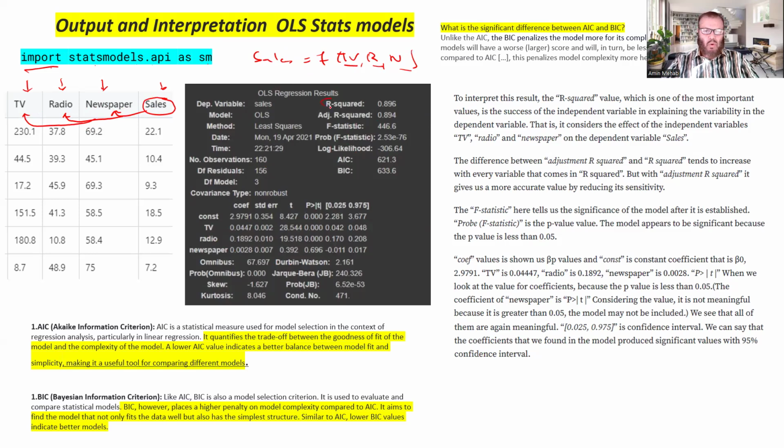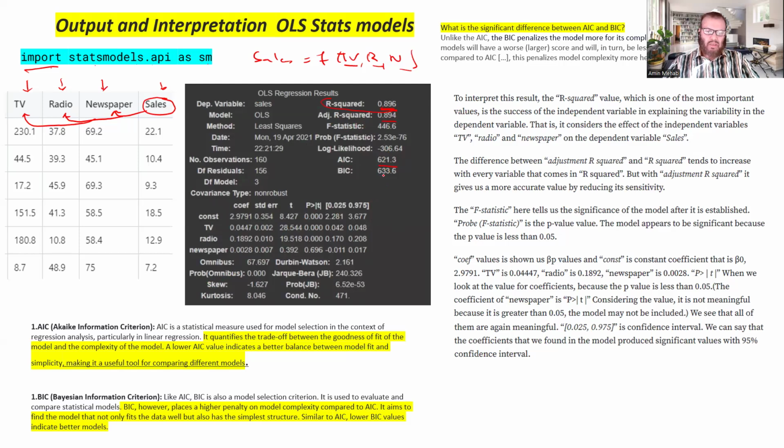When you have R squared quite high, close to 1, that means the model is very good. This OLS statsmodel is very good. The adjusted R squared is the same, still very good. Then you have the AIC and the BIC. The AIC is a statistical measure used for model selection in the context of regression analysis, particularly in linear regression.